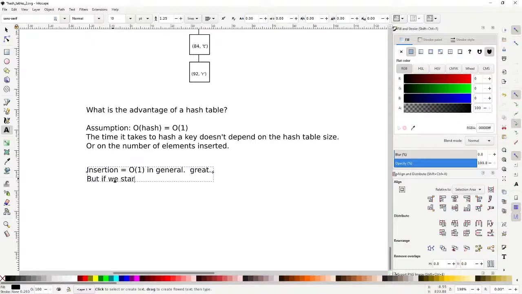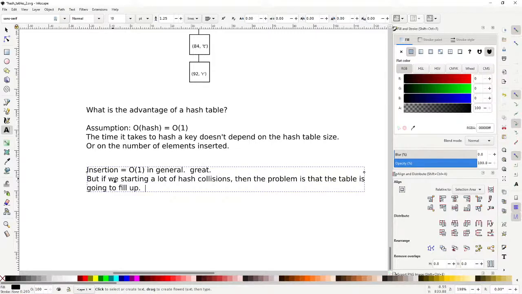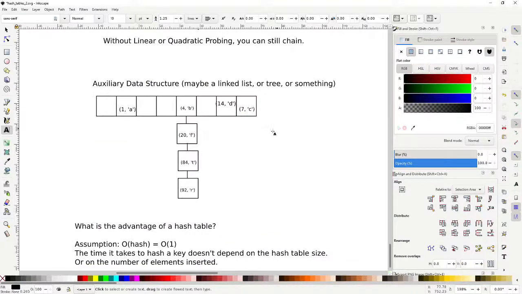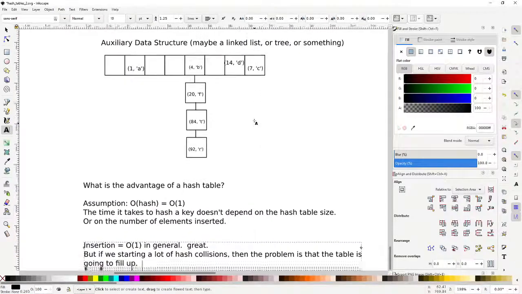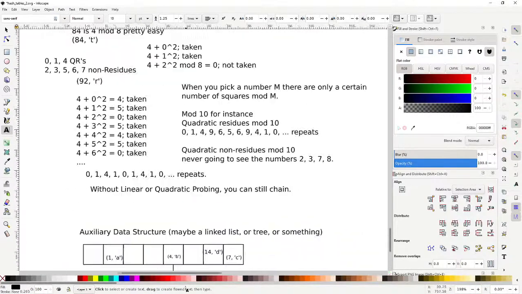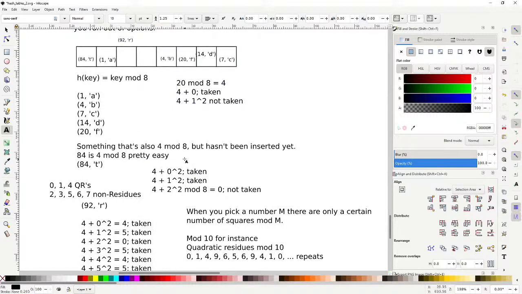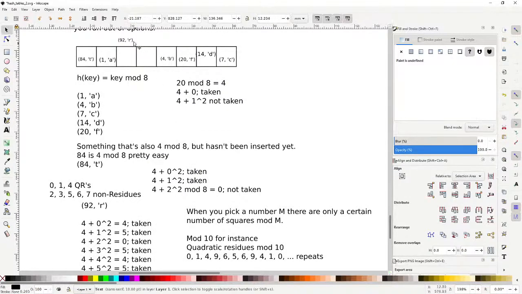But if we start getting a lot of hash collisions, then the problem is that the table is going to fill up. And if the table fills up with a lot of collisions like this, then you aren't going to know how far you have to probe. So for instance, let's say I was looking at this table here, and let's say that this was linearly probed.